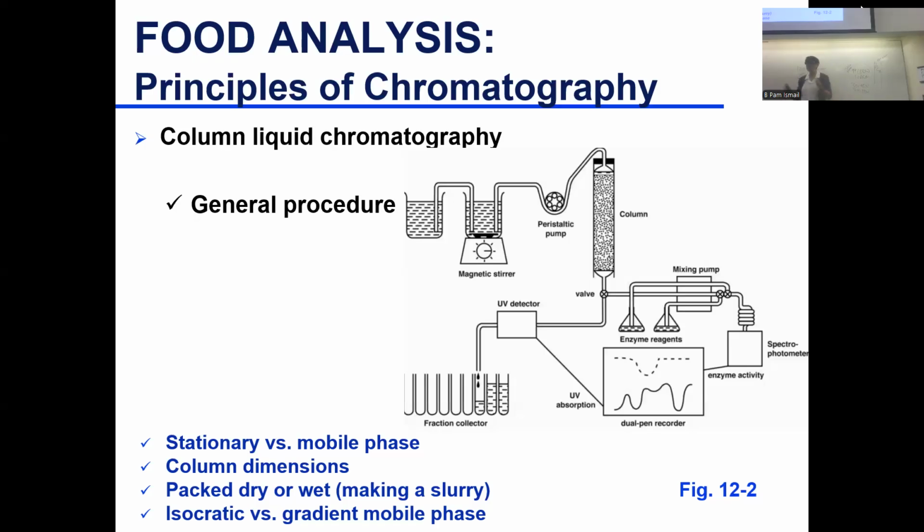So I increased the strength of my mobile phase by changing the concentration. But this is very important and shouldn't be confused: increasing the strength does not always mean you increase the organic solvent. No. Anytime you change the composition in any direction, you are increasing the strength of the mobile phase.